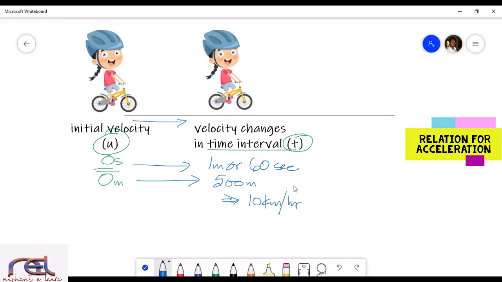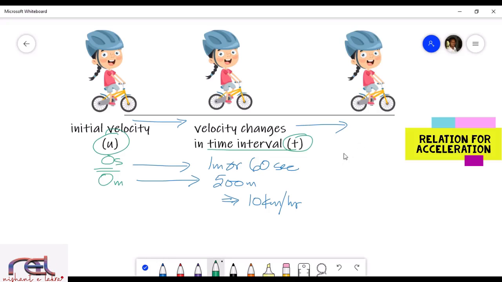Do you see that the velocity has changed from the initial to when she reaches 500 meters? Now let's see when she goes further. Remember that the initial velocity is represented by lowercase u, and time interval is represented by lowercase t.